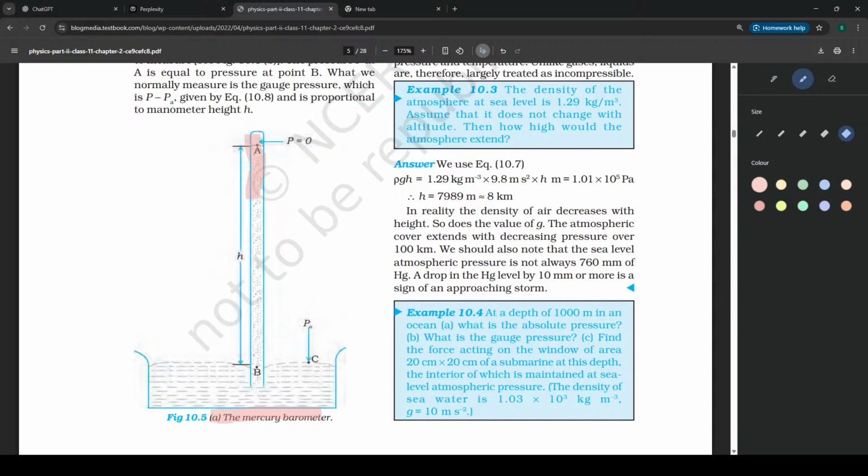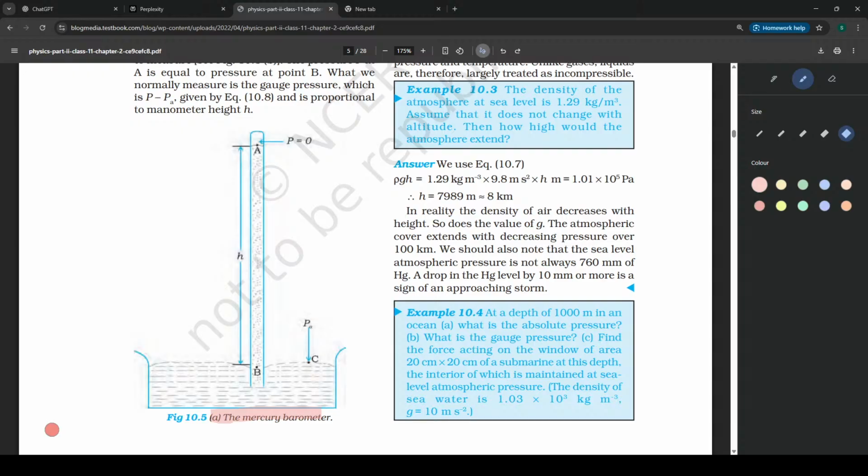This is basically a long glass test tube, and this is a trough of mercury, a beaker or a container that is containing mercury.